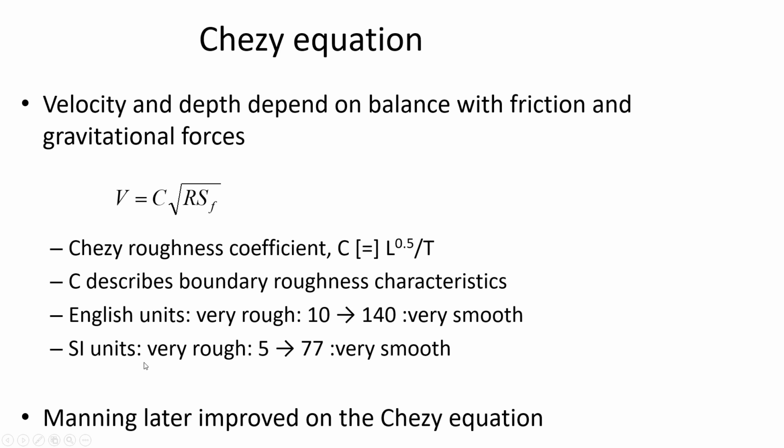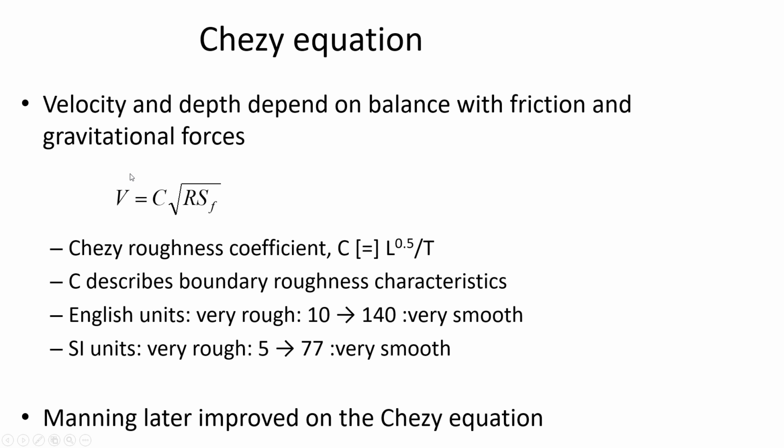So in the Chezy equation, the big observation, the aha moment, was that you could come up with a friction factor. Here it's designated as a C value, which corresponded to the roughness of the pipe, where a low value of C was very rough, a high value of C was thought of as very smooth. And if you multiplied that by the square root of the hydraulic radius times the slope of the energy grade line, then you could estimate the velocity of flow.